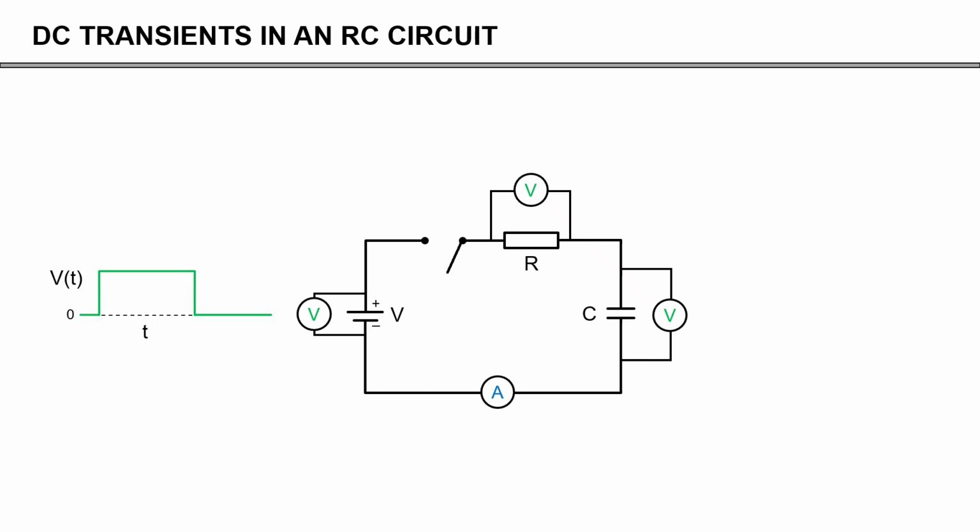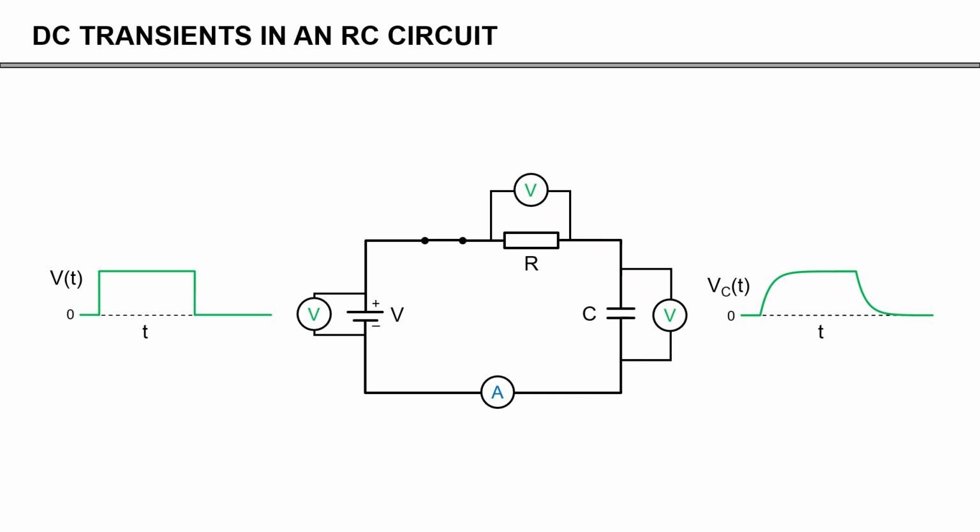Again, if we close the system and we drive it with this input voltage, the electrons start to flow and they start to build up on the bottom plate of this capacitor. At the same time, electrons flow away from the top plate. And this will continue until the internal voltage difference inside the capacitor matches the driving voltage.